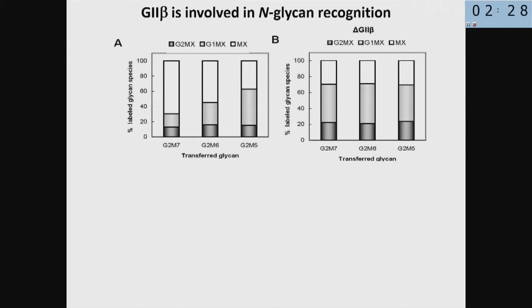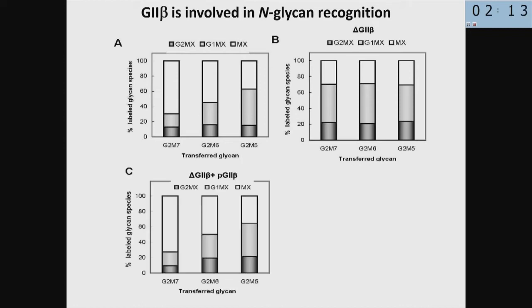If we only have the alpha subunit with the catalytic activity, we have the same activity, not influenced by the mannose content. Then if we add the beta subunit in the plasmid, the wild type phenotype is recovered.